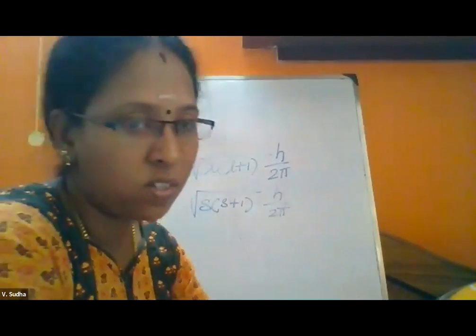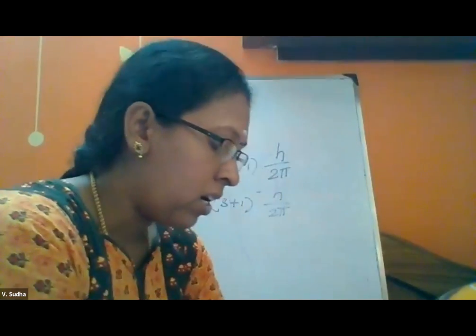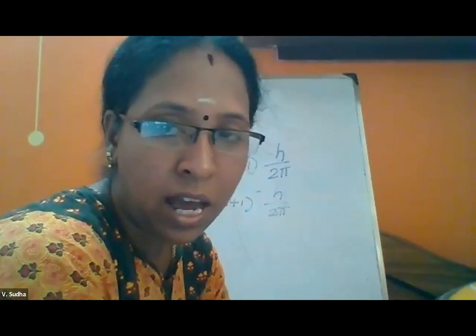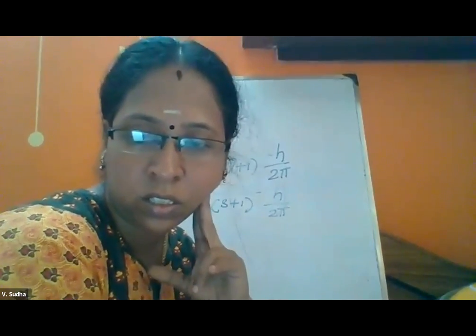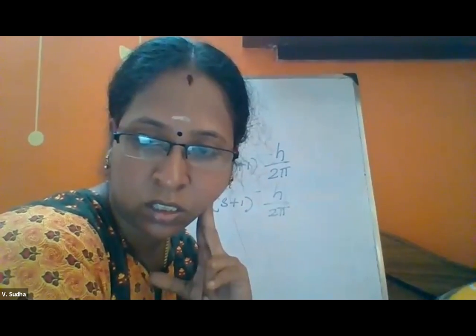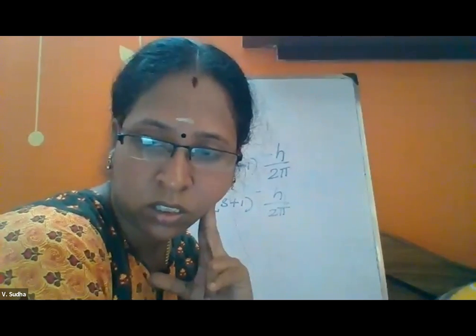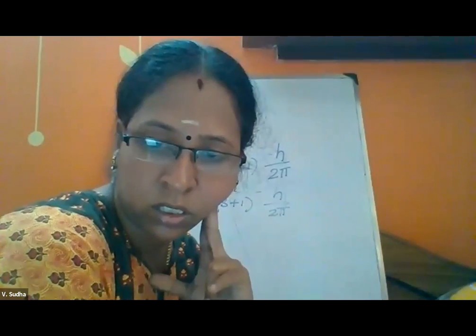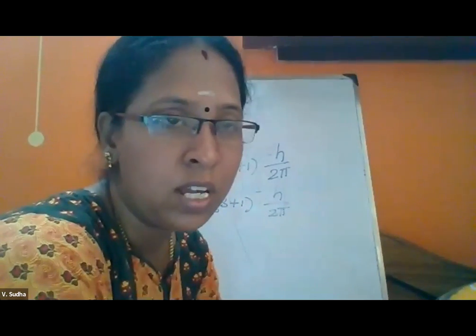Which one is the wrong statement? Write it down properly. Option A: De Broglie wavelength is given by lambda is equal to h by mv.